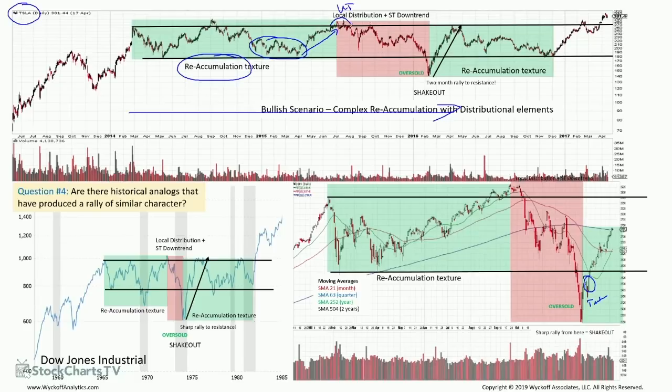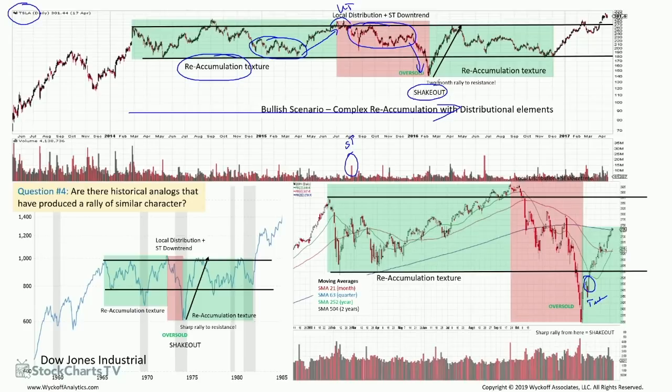But then after that, we have distributional qualities where supply is coming in, where the result to the downside is expanding, and that led to a short-term downturn that turned out to be a shakeout.